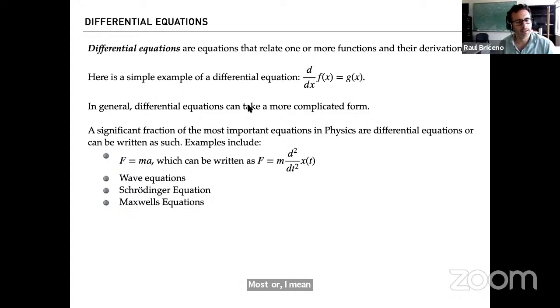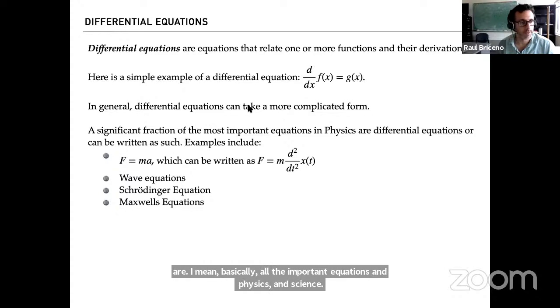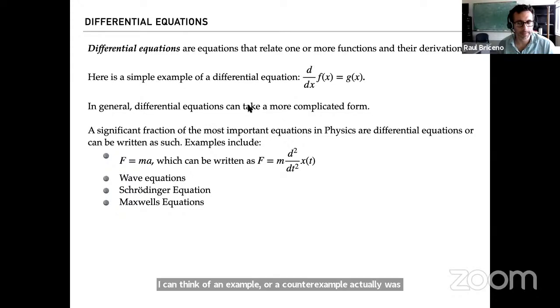Basically, all the important equations in physics and in science, I can't think of an example or a counterexample actually of what I'm about to say. They're either differential equations or integral equations, or can be at least written as differential equations or integral equations. So the simplest one that you learn in physics is Newton's force law.